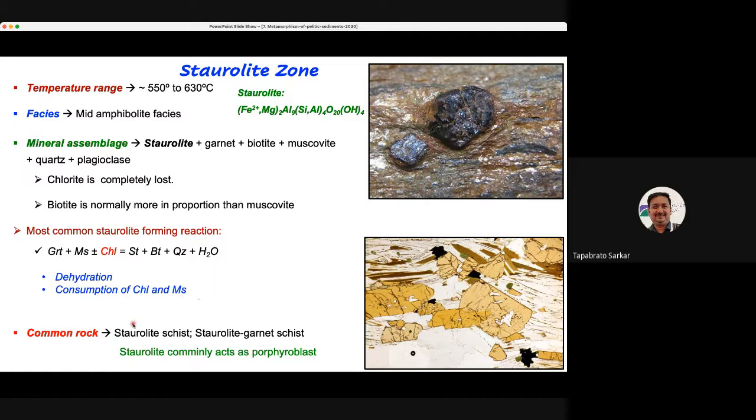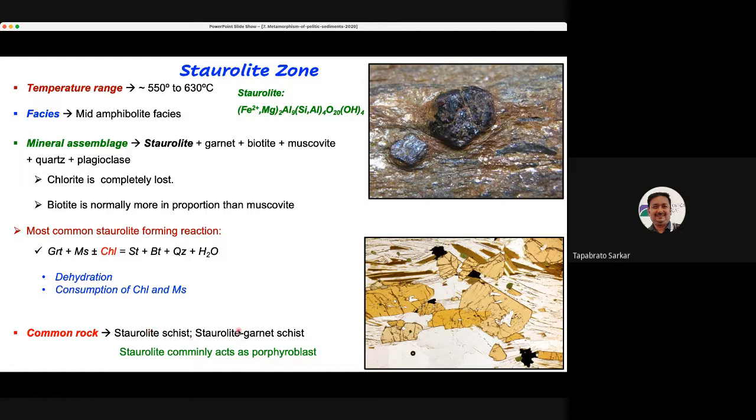So what we normally see is a staurolite schist or staurolite garnet schist, depending on the mineral assemblage. If both staurolite and garnet are present, we call it a staurolite garnet schist. If it is only dominantly staurolite, then we call it a staurolite schist. Similar to garnet, staurolite also acts as a porphyroblast.